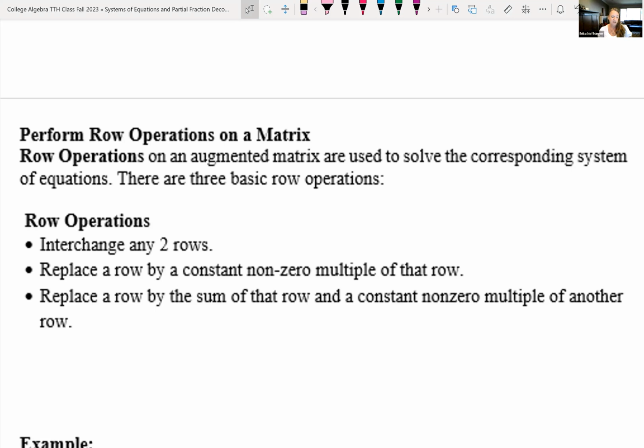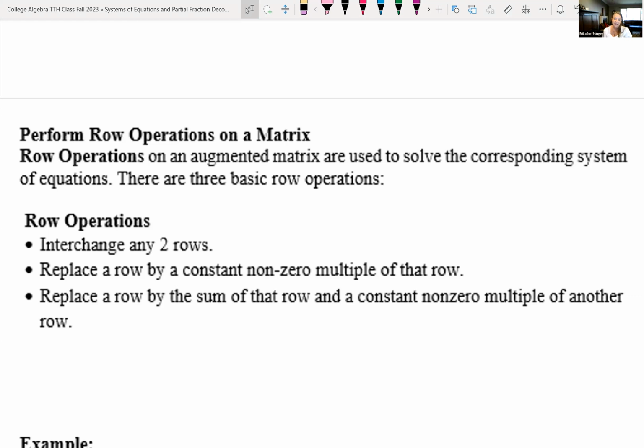And while we're doing these row operations, we'll be changing our system of equations, but we'll be keeping equivalent solutions to both. And so what we can do is we can interchange any 2 rows. So we can swap rows. So I can make my row 1 my row 2, and my row 2 my row 1, for instance.